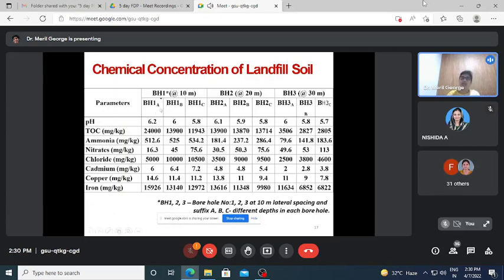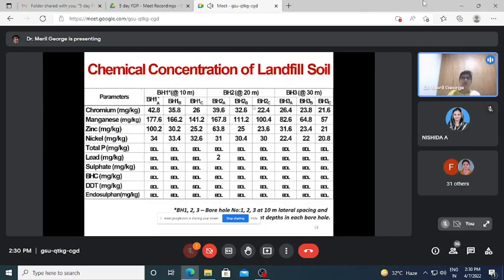So A indicates borehole depth at 0.5 meter, B indicates 1 meter, and C indicates 1.5 meter. Likewise, I have collected 9 samples from 3 boreholes. Okay, so these are the chemical parameters or chemical concentration of landfill soil.